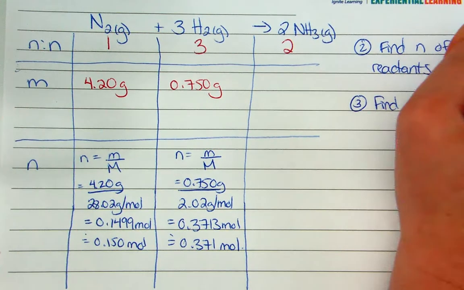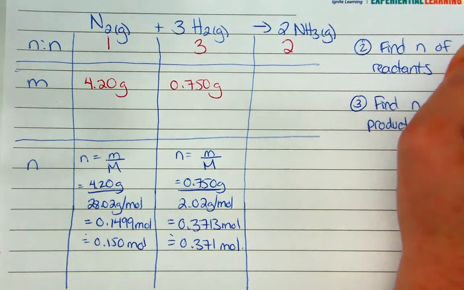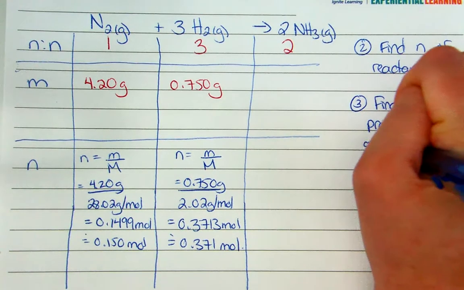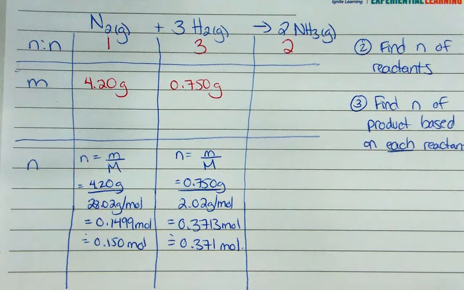Step 3. I'm going to find the number of moles of product based on each reactant. So I'm going to use mole to mole ratios for my number of moles of nitrogen to see how much ammonia it would produce, and my number of moles of hydrogen to see how much ammonia it would produce.